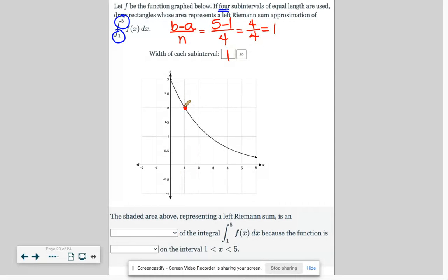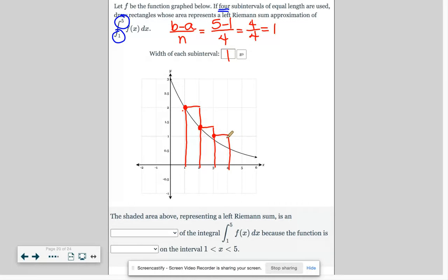So if I put a point, I'm going straight up from the beginning number. If I put a point right here, I would want to draw my rectangle so that the left corner is right on the curve. So there's rectangle number 1. Go to the next, 1 unit apart, right? That's how wide they have to be. 1 unit apart, draw another rectangle. 1 more unit apart, draw another rectangle.